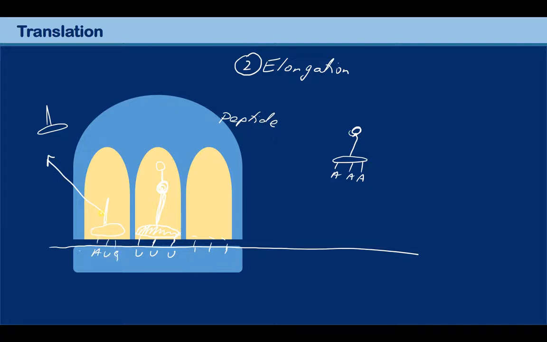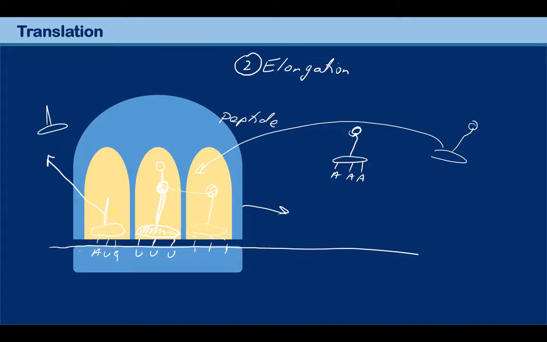The empty tRNA is being kicked out, and the whole ribosome has moved over by one, and now we can attach the next tRNA. We'll go into the acceptor site, the one that is complementary. And we have the next amino acid in here, and then again we have a new peptide bond being made.